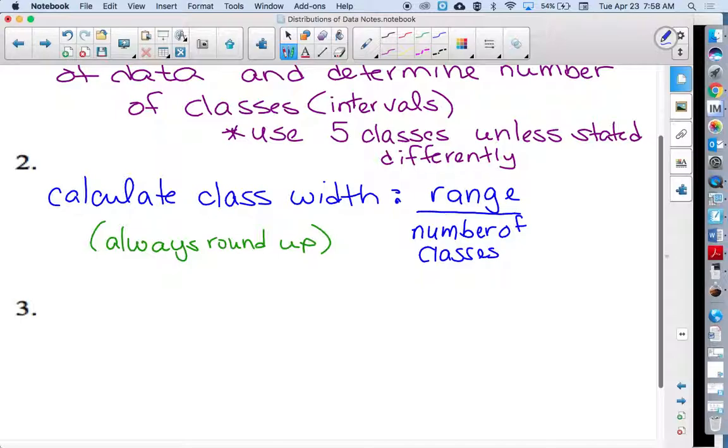So step 3, we will make sure that we identify the upper and lower numbers, which you're actually using for step 1.